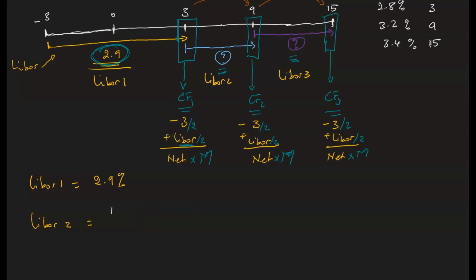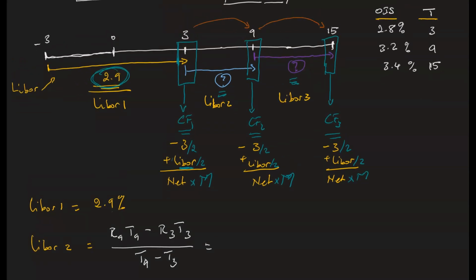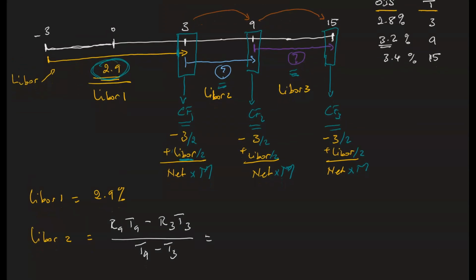I'm going to use R9 T9 minus R3 T3 divided by T9 minus T3. What does that give us? R9 is the OIS rate 9, so that's 3.2%.